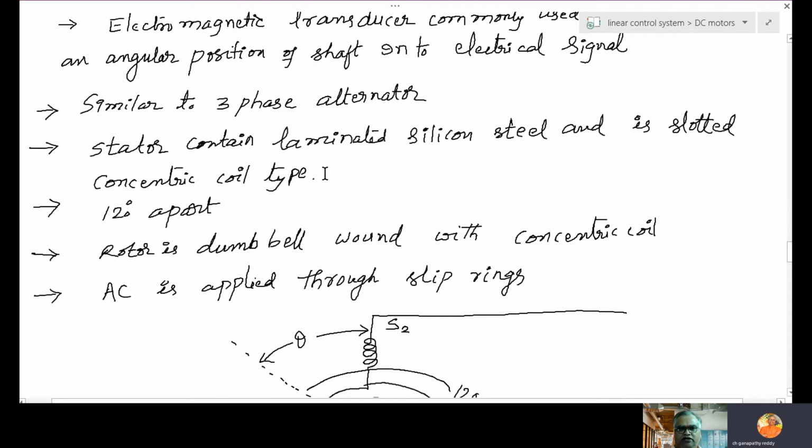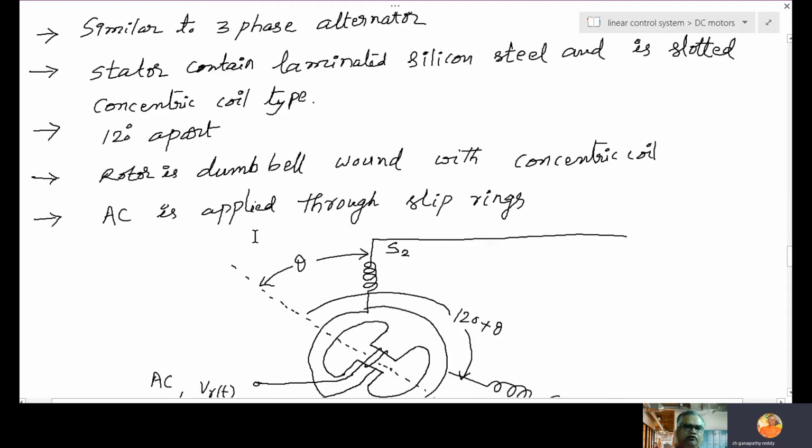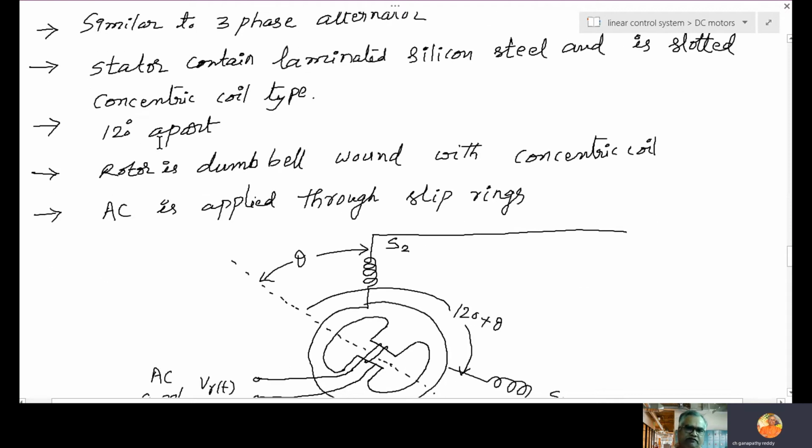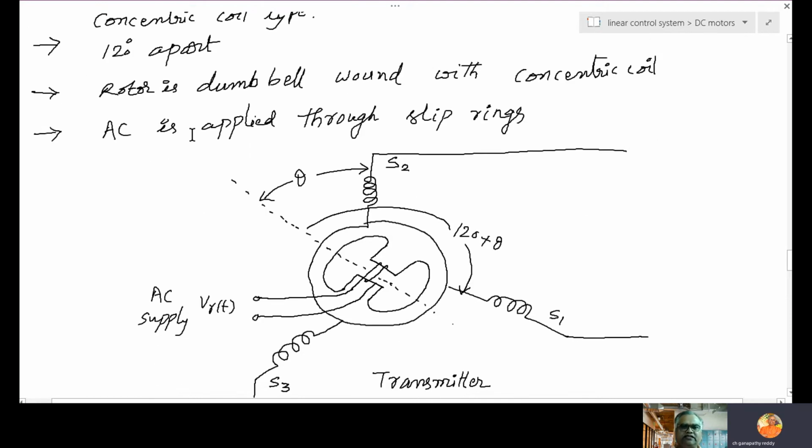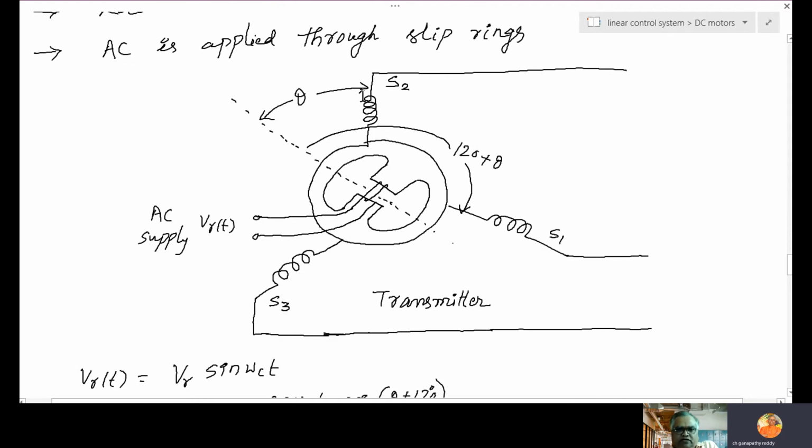Then 120 degrees apart, you'll understand below, 120 degrees separation between each coil. Rotor is dumbbell shaped, wound with the concentric coil. Then AC is applied through slip rings. So this is the basic structure of a transmitter.